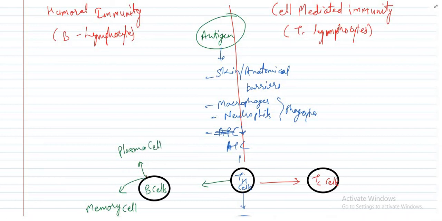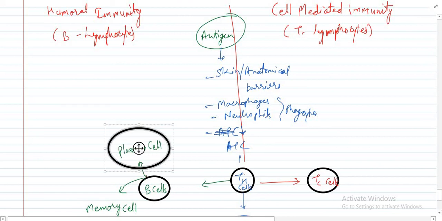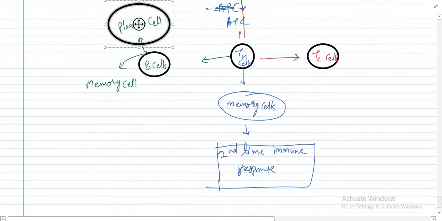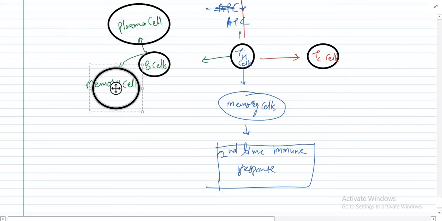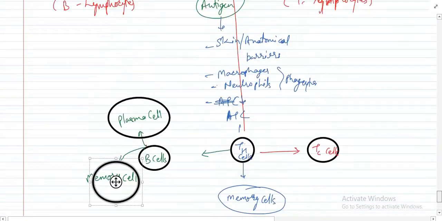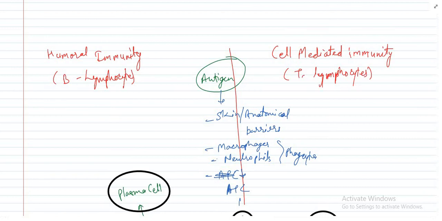So there are two different cells. Now the plasma cell starts secreting the antibodies.